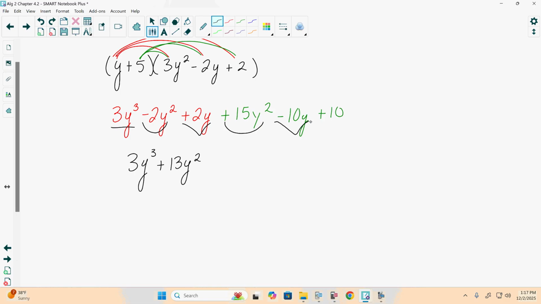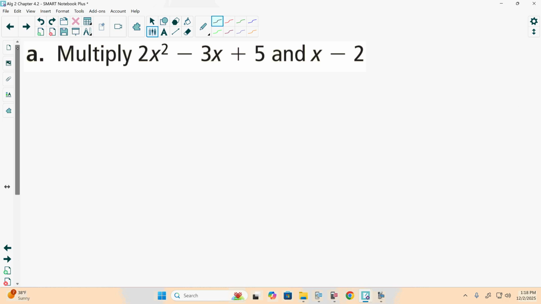And we go to our y terms, 2y minus 10y, 2 minus 10 would be negative 8y. Lastly, our constant term does not have any like terms, so it's just plus 10. Questions on this here? Do you feel comfortable with multiplication? Okay.